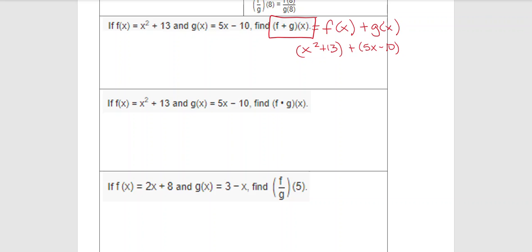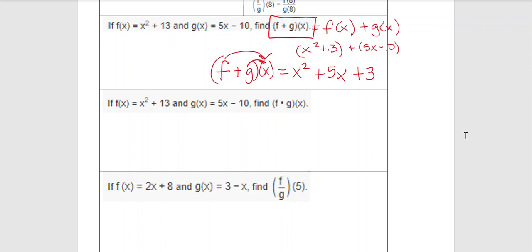Then we need to combine like terms. We don't see any other x squareds. There's only one x term. And then I have a constant of positive 13 and negative 10. So that would combine to give me positive 3. So f plus g of x is equal to x squared plus 5x plus 3. And I got that by adding the f of x function plus the g of x function.